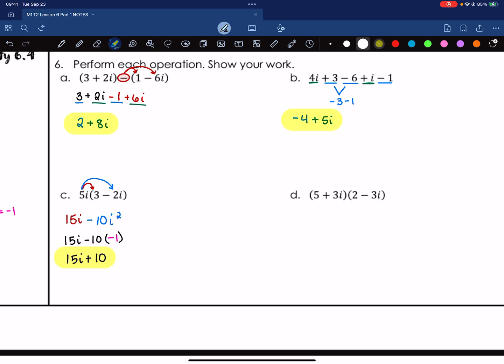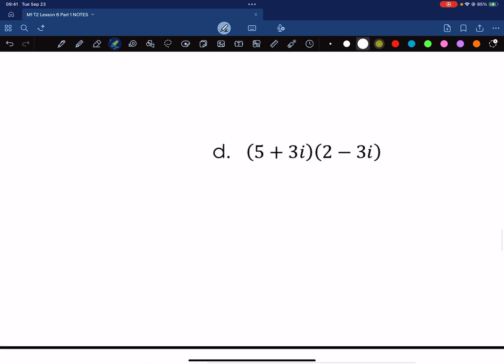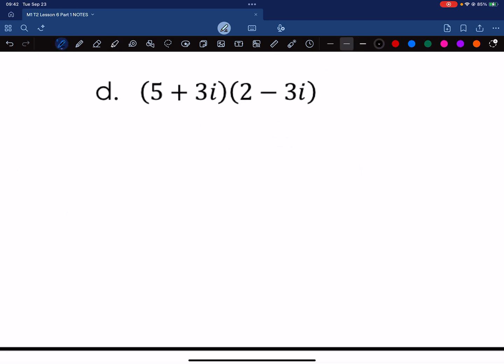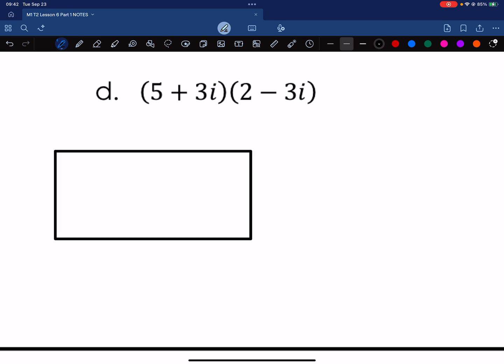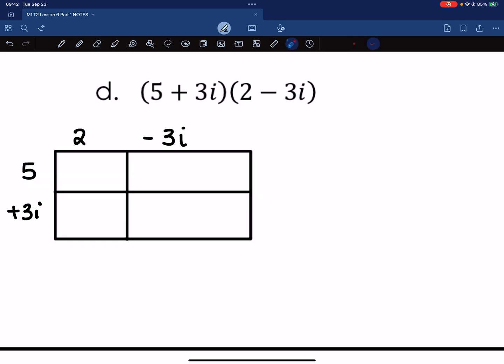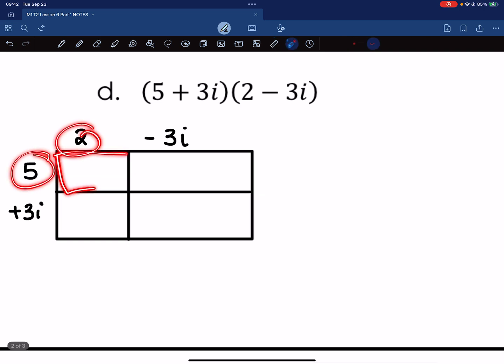Now, on C, we just multiplied by a single term. On D, we're multiplying two binomials. So when we do this, I find that it's easiest if we use the box to multiply. So you're going to take your first binomial, 5 plus 3i, write it on one side. You take your second binomial, 2 minus 3i, write it on the top, and we multiply. So when we multiply 5 times 2, it's going to go in this box.